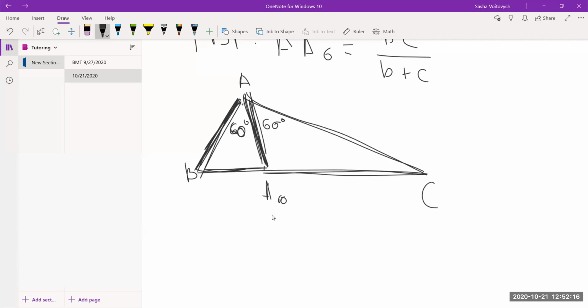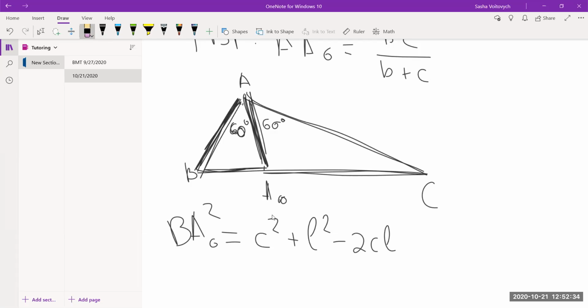So then we know that BA0 squared is equal to, so AB is C, C squared plus L squared minus 2CL cosine 60, which is just 1/2. So this would be minus CL.